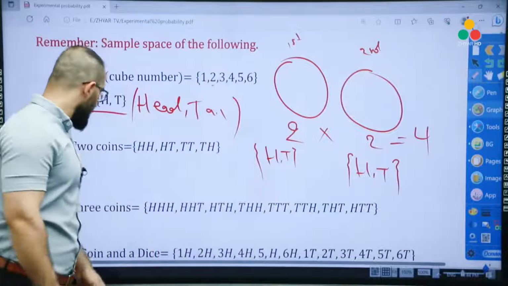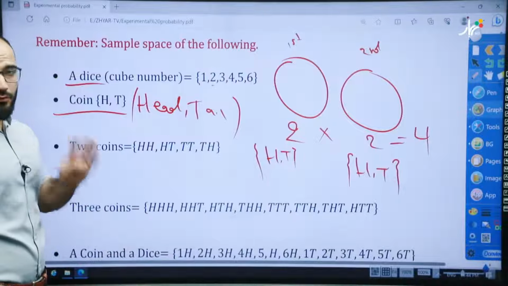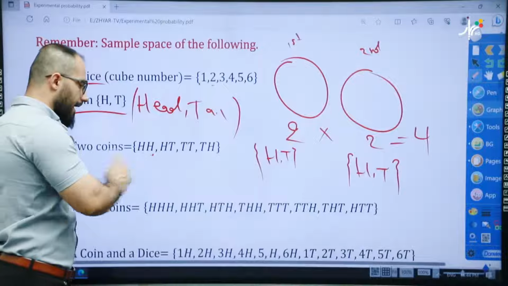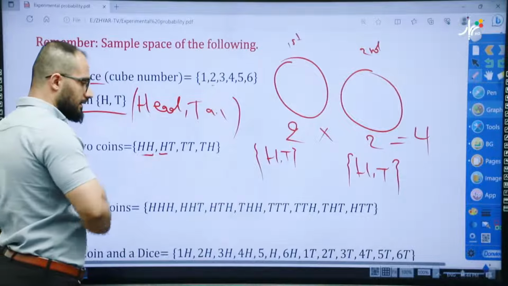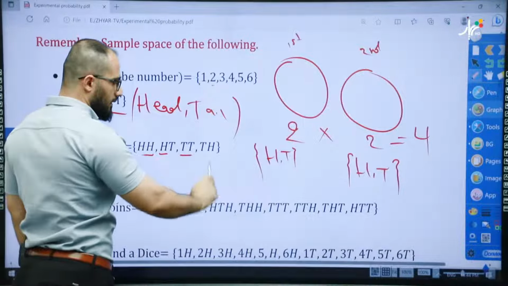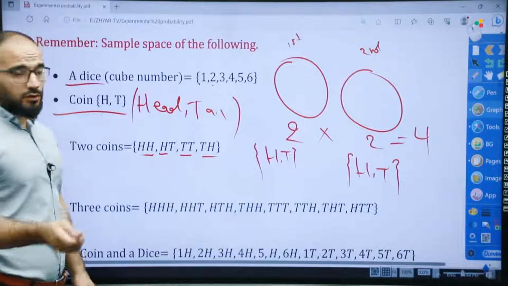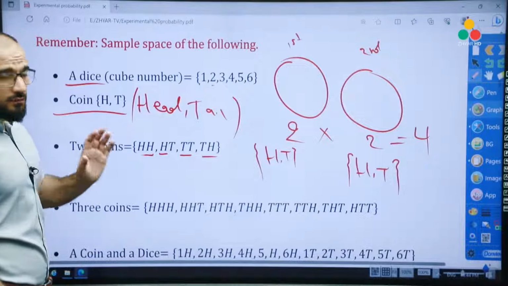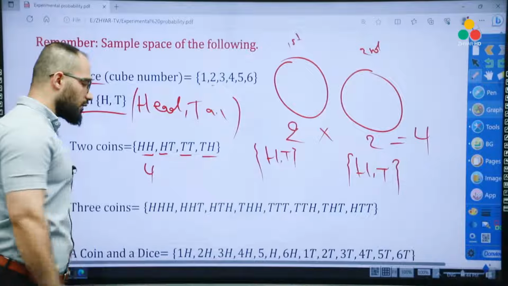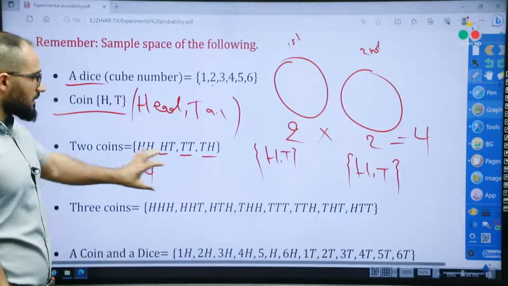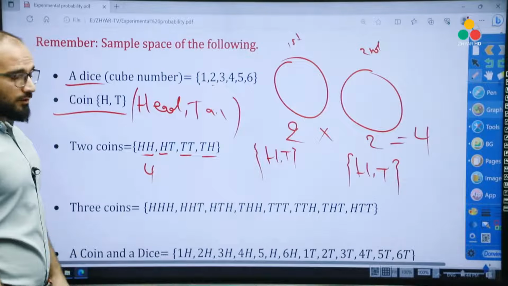That's why if you have two coins, then we have 4 results. The results are head, head, head, tail, tail, head, or tail, tail. So whenever you talk about two coins, you have to know that all possible outcomes is 4.